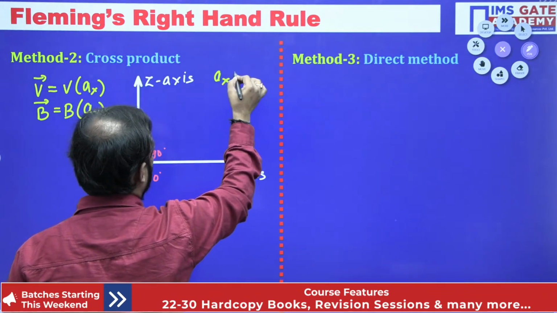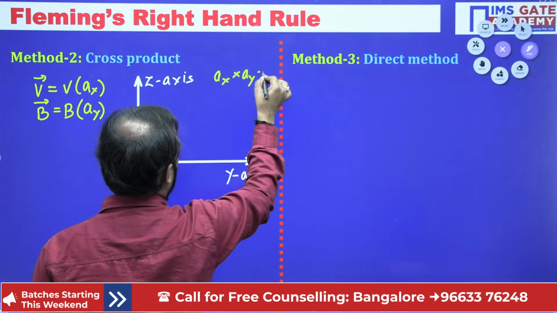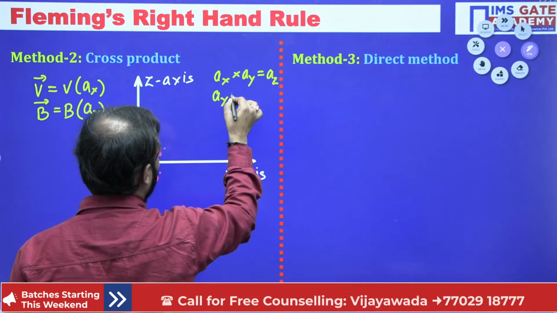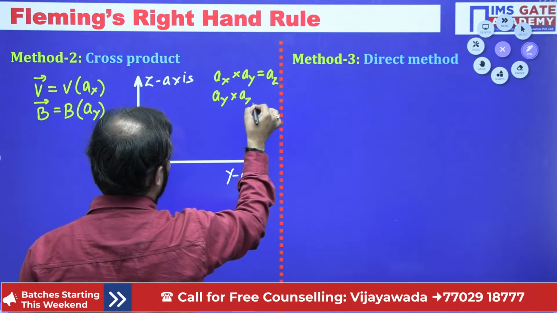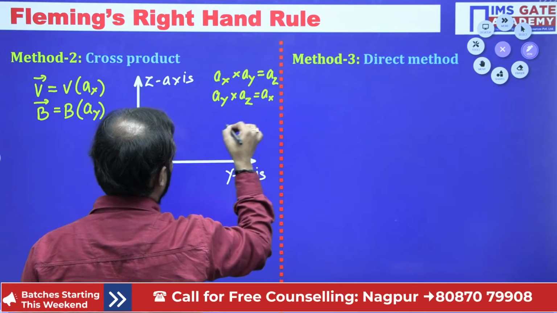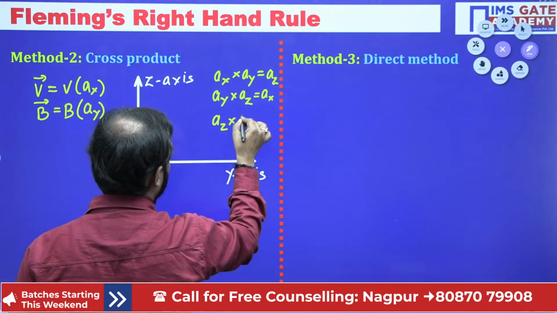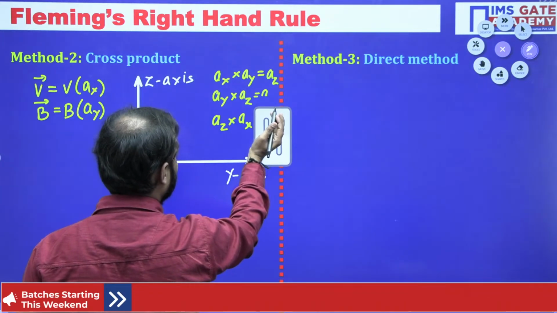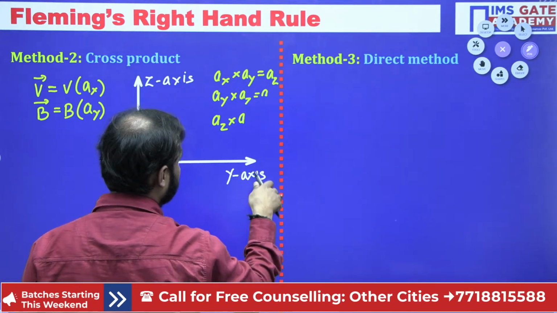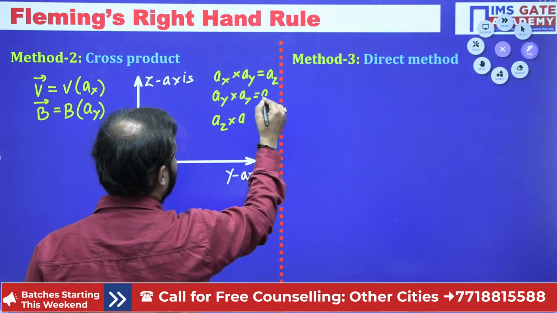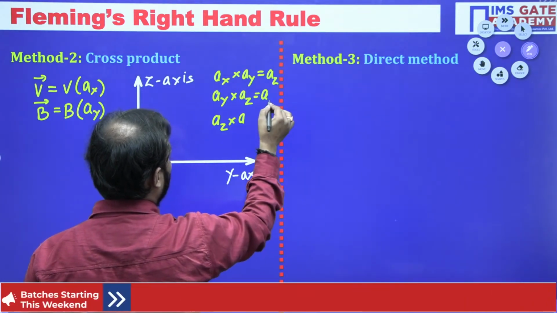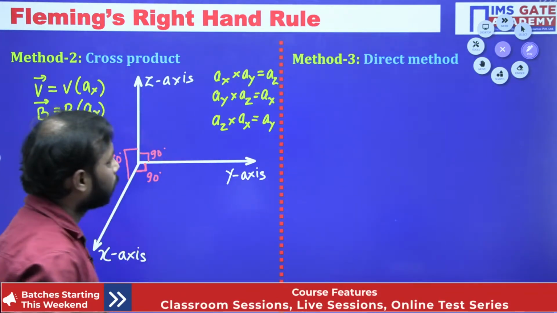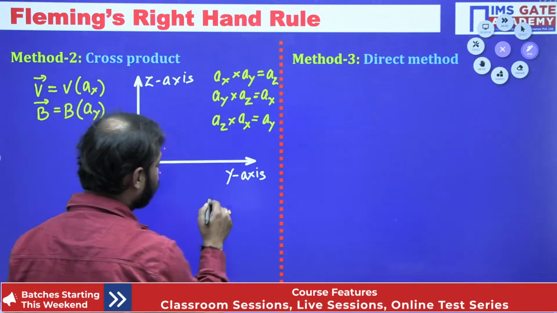Now, according to the rule, AX cross AY equals the AZ direction. AY cross AZ equals the AX direction, and AZ cross AX equals the AY direction. Let me give you a trick to remember.